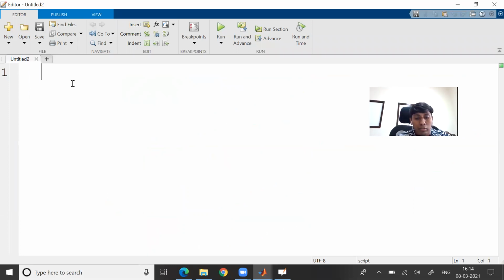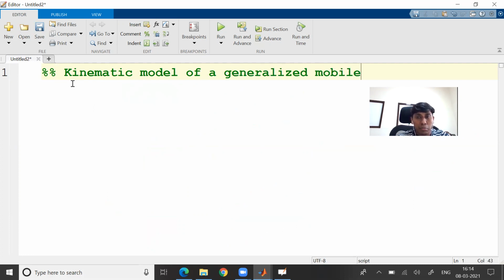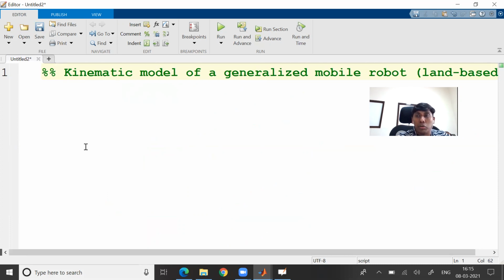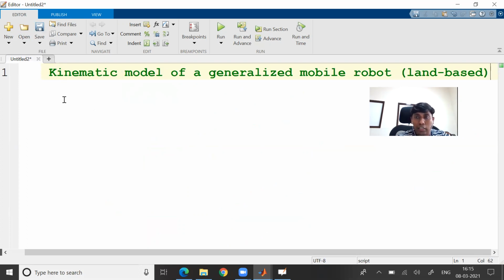I'm trying to write the kinematic model of a generalized mobile robot. Generally a mobile robot means land based, so that is the default, but I'm giving it this way. Now you can see what I'm going to write.